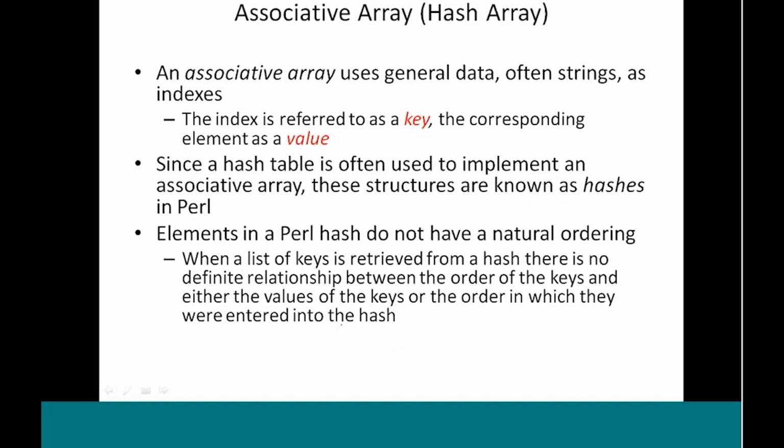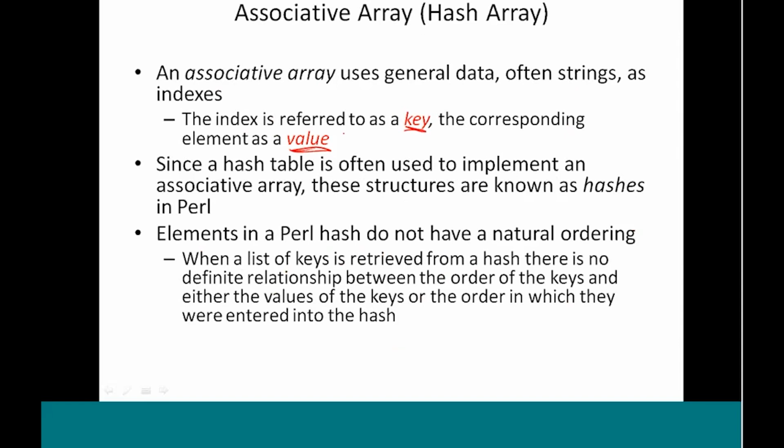So a hash array, a couple of things. One is it does not have a numerical index. It uses general data, often strings, as indexes or indices. The index itself is referred to as the key in a hash array, and the corresponding element is its value.